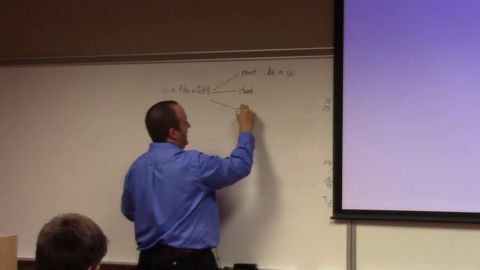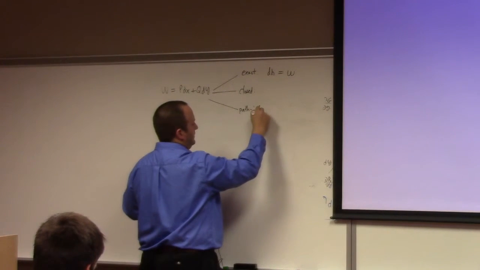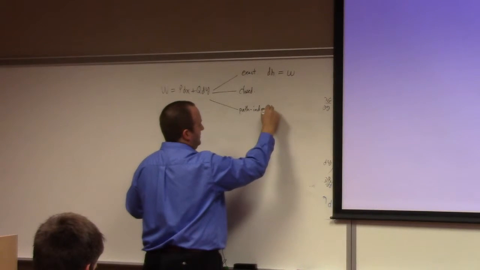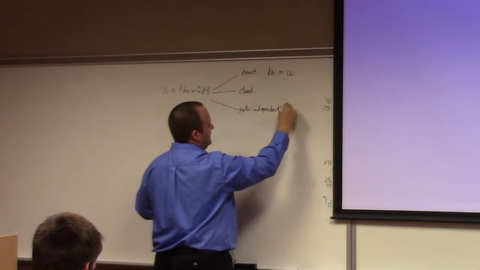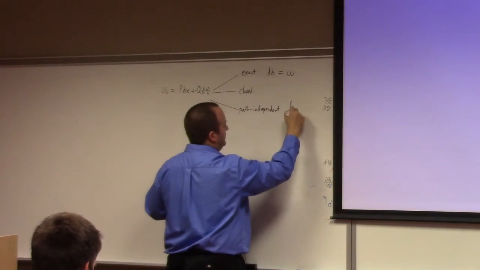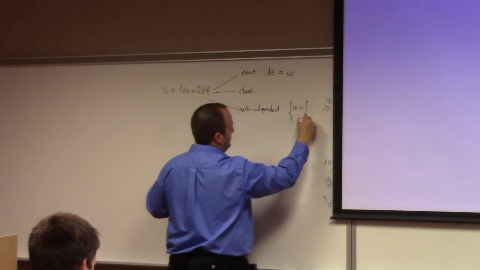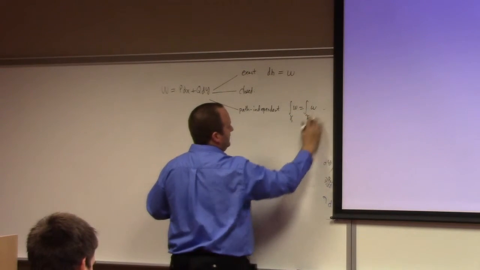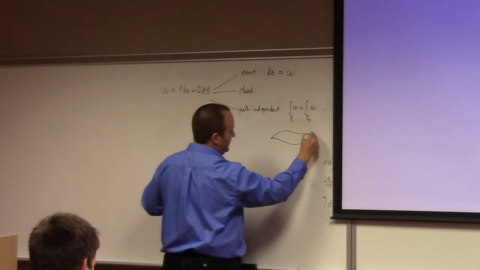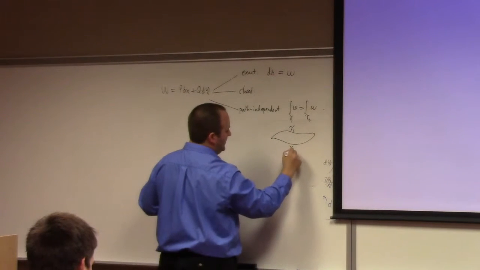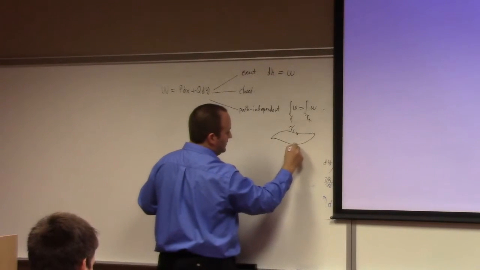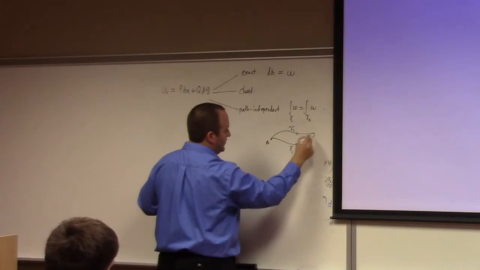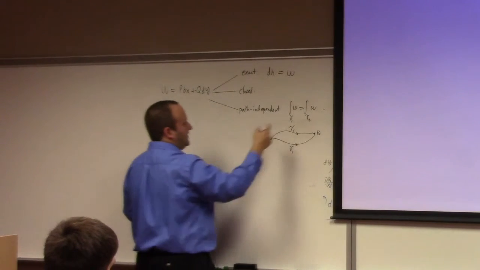You can talk about path independence. So that means that the integral over gamma 1 of omega is equal to the integral over gamma 2 of omega whenever gamma 1 and gamma 2 are two paths between the same terminal points, right? Path independence.